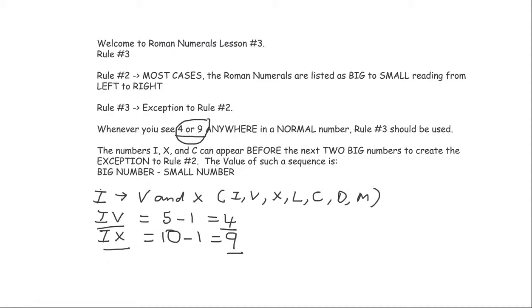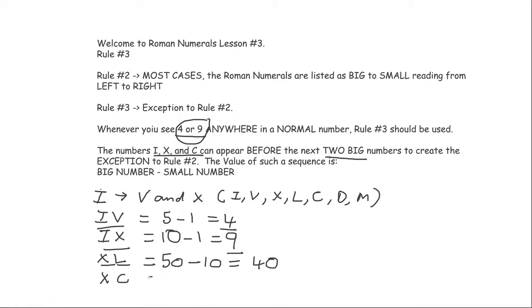Now the rule states that this is valid only for I, X, and C. So let's take a look at X. It can appear before the next two big numbers, so X can appear before L, or X can appear before C. If X appears before L, the value is the value of L, which is 50, minus the value of X, which is 10, and therefore XL is 40.